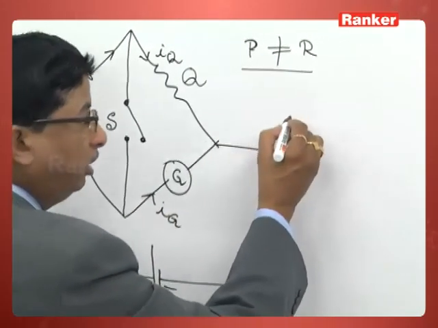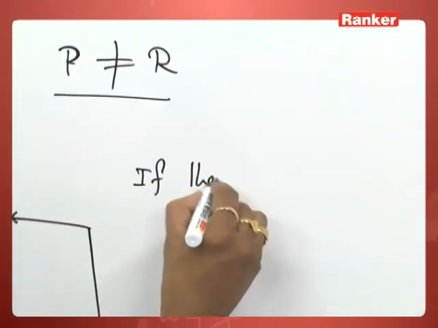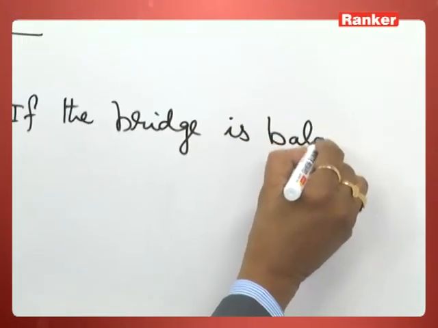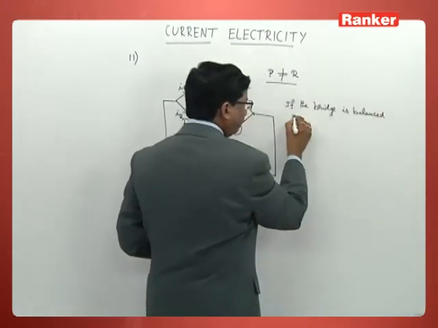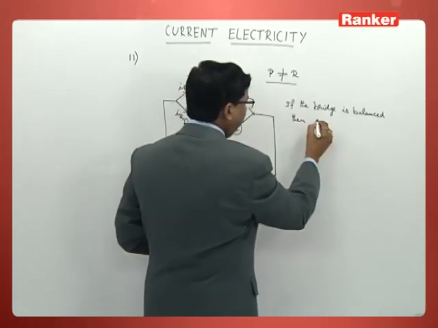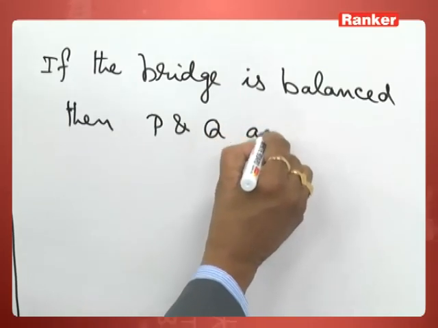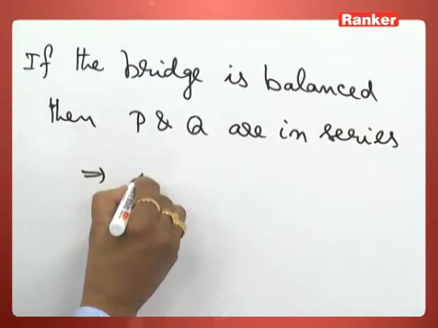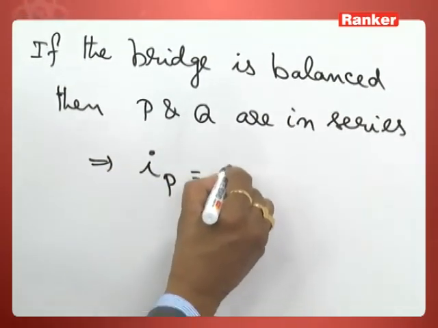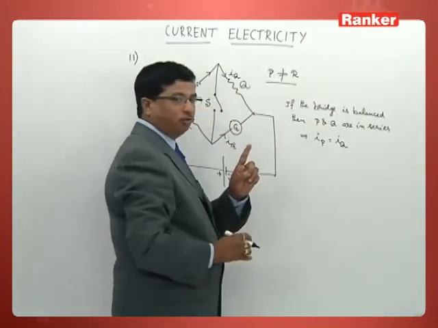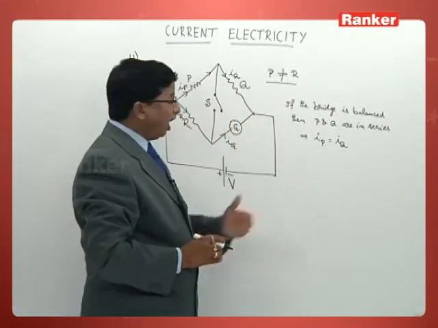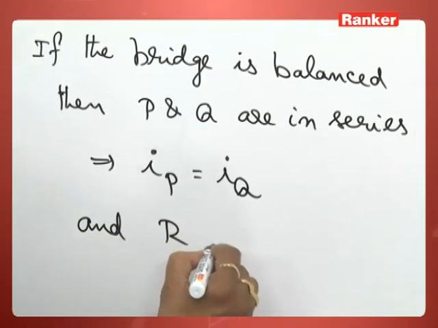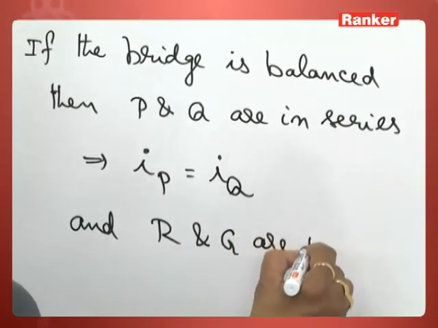So what is the condition here? If the bridge is balanced, then what can we understand? P and Q are in series. This implies the current across P and the current across Q are equal. And in exactly the same manner, R and G are in series.